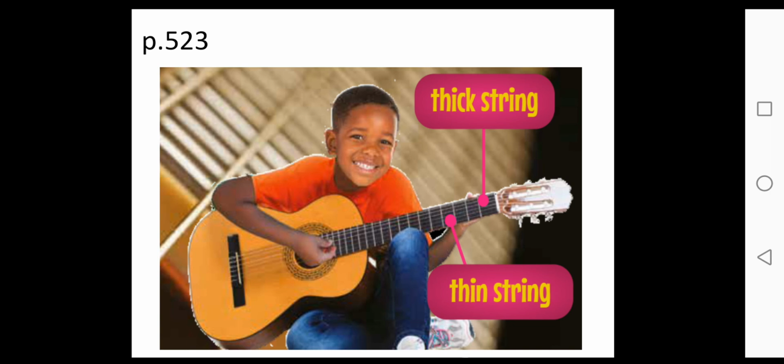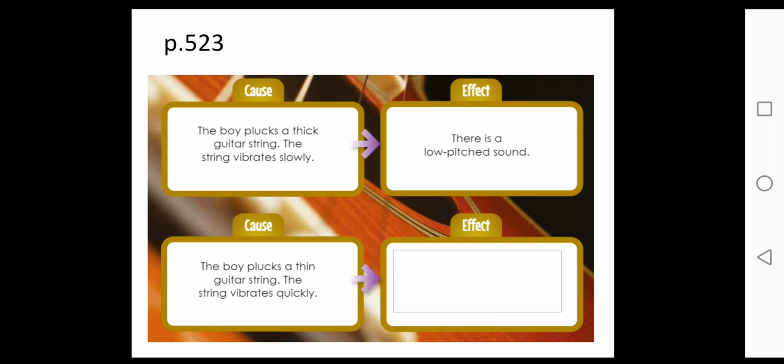Now, when the boy plucks the thick string, what happens? The string vibrates, it goes back and forth slowly. So it vibrates slowly. What's the effect of that?